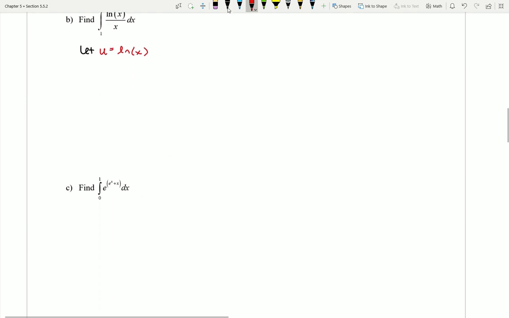Finally, for part C, I would perform a little bit of an algebraic simplification because it's hard to see a substitution that would work here. This is actually a fairly challenging one. What I would do here is rewrite this as e to the x times e to the x.